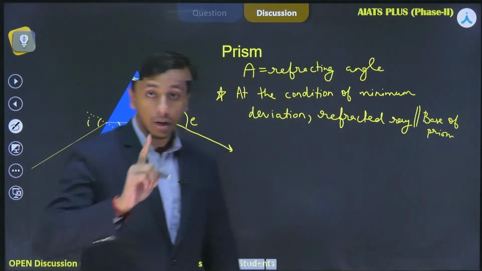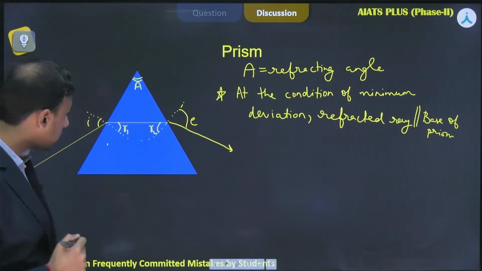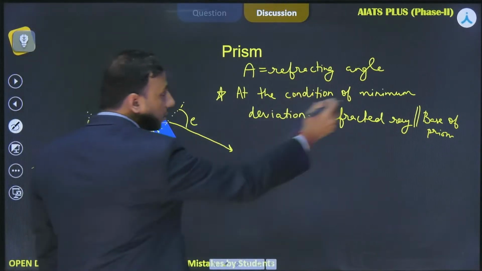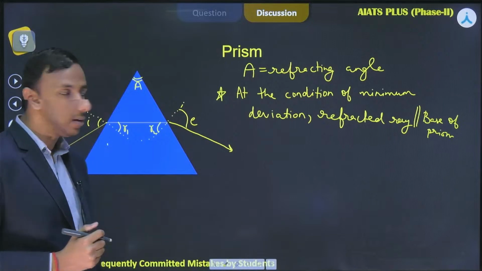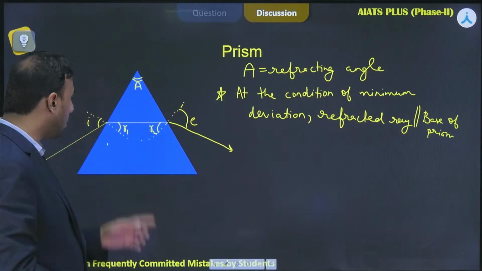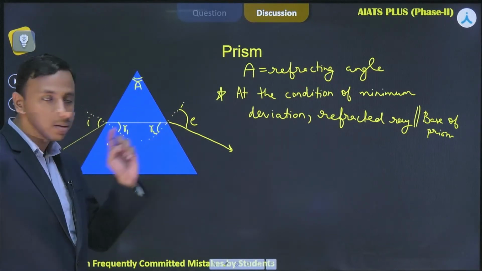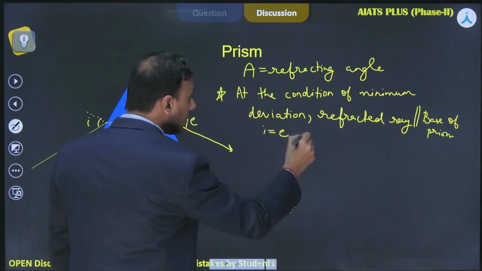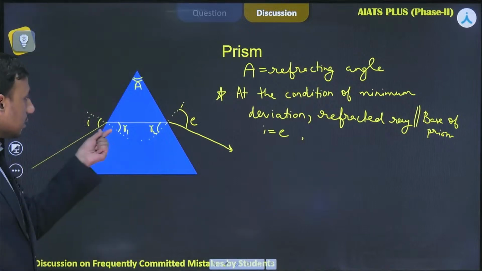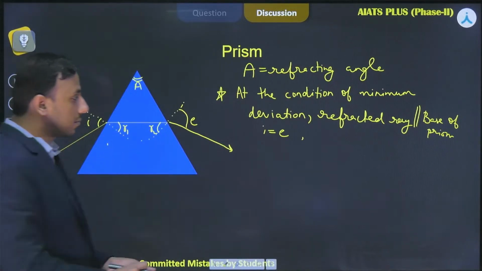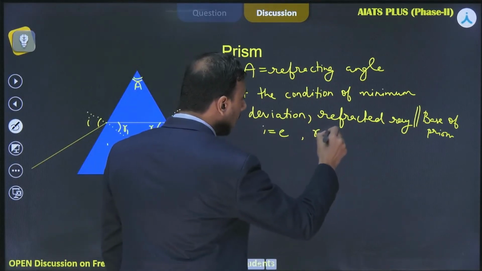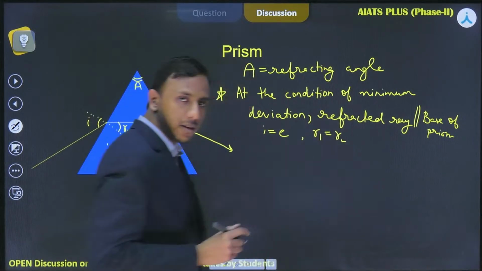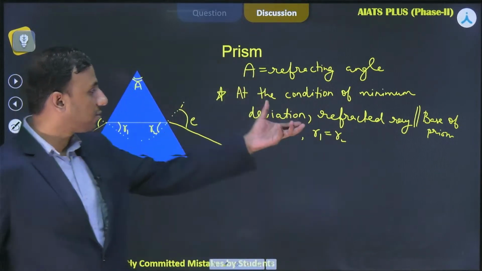In that condition only. Why is it so? That is because at this condition, a few things will happen. Number one, this I will be equal to E, right? At that condition, I will be equal to E and both of these angles would also be same. That is R1 equal to R2, right? But anyway, our topic of discussion is not about this one.